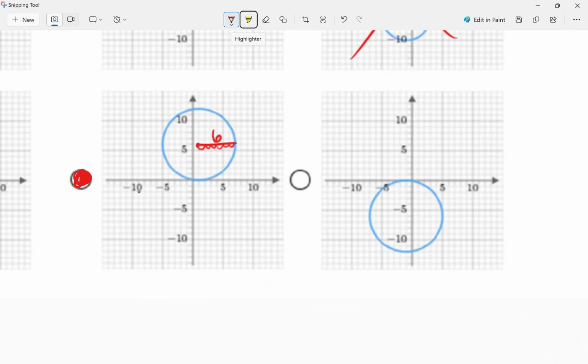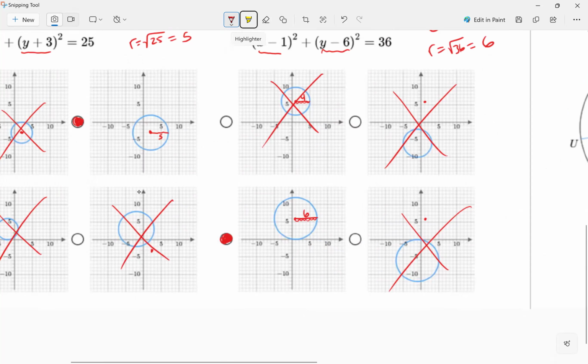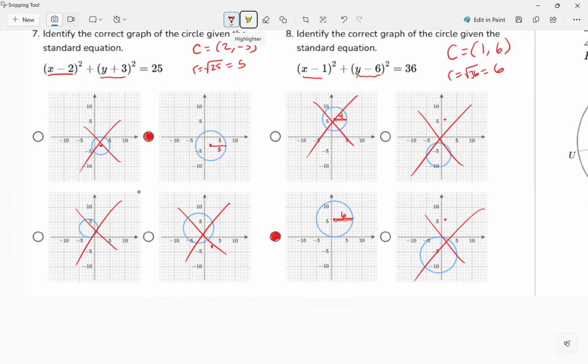Third choice was it. Just for us to see the last one, 1, 6 was right here. That was not the center of the circle, so that's why that was not it. Again, we cannot graph it. If it was on paper, I would say graph it. But because we cannot graph this, let's make it multiple choice.